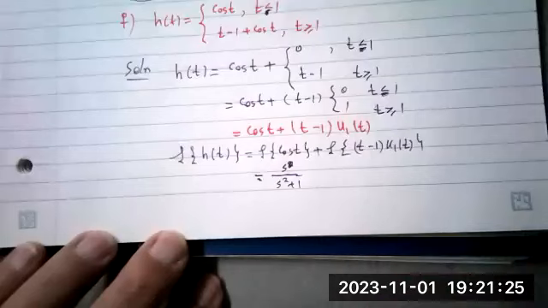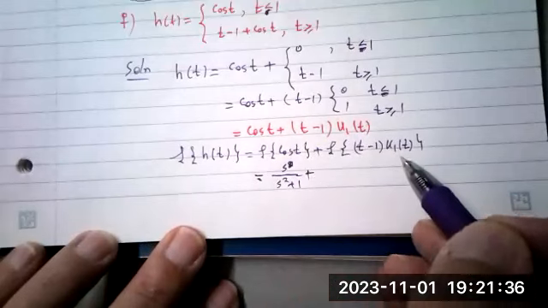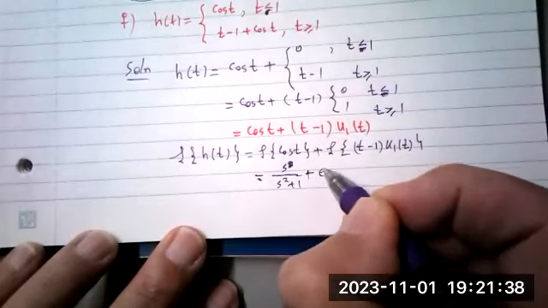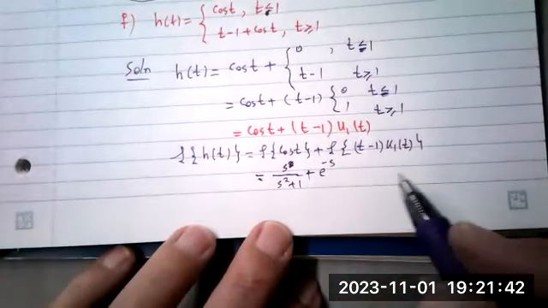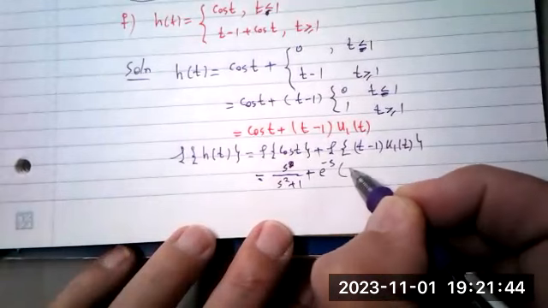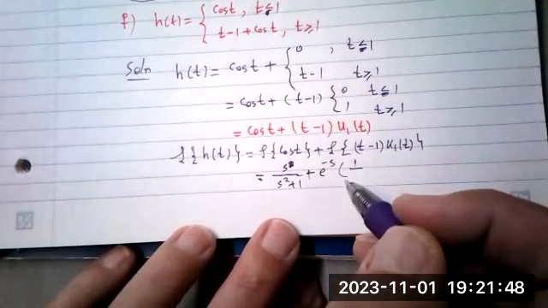The second one, the function f of t minus 1 is t minus 1. You drop the 1. The function is t. Laplace of t. So it's going to be plus, because of the u1, e to the negative s times the Laplace of t, which is 1 over s squared.